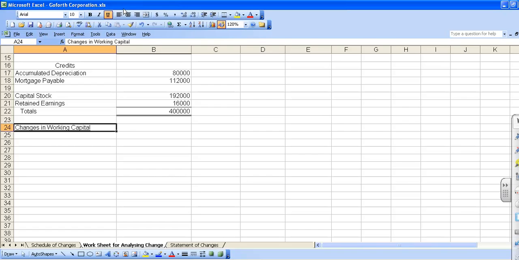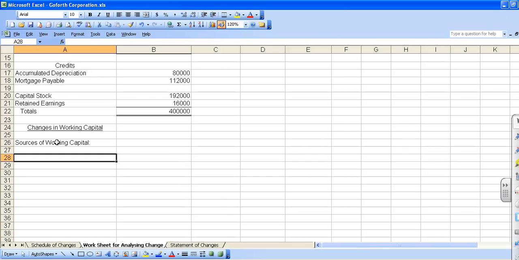And we're going to center that. And we have two types of changes. We have sources of working capital, which is how we're going to get our money. Okay, so ways that we can get money. And the other is uses of working capital. So what are we doing with that money?